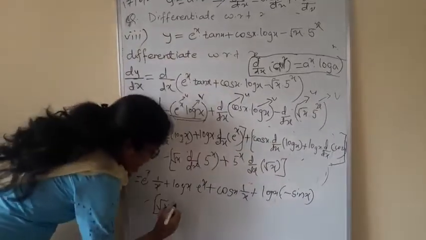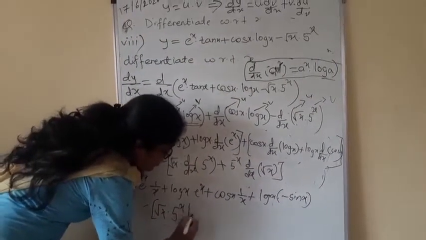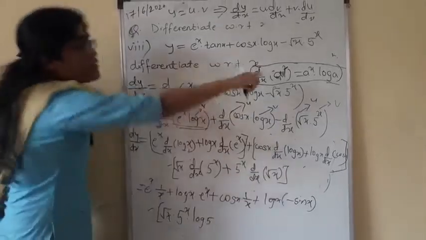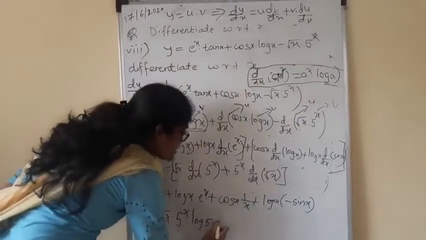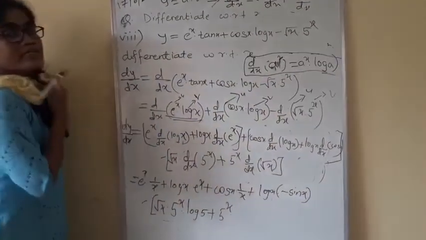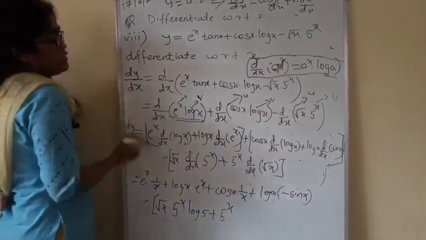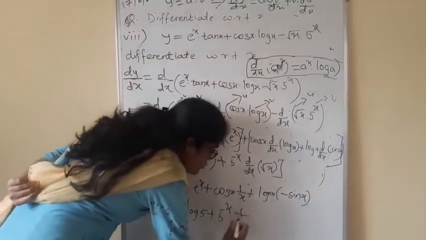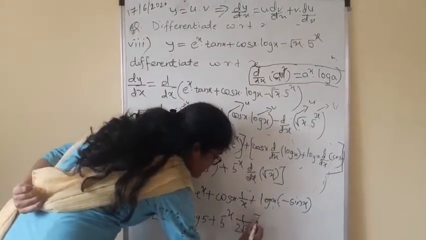So 5 raised to x into log 5, we are using that result only, plus 5 raised to x into derivative of root x from that table, 1 upon 2 root x.